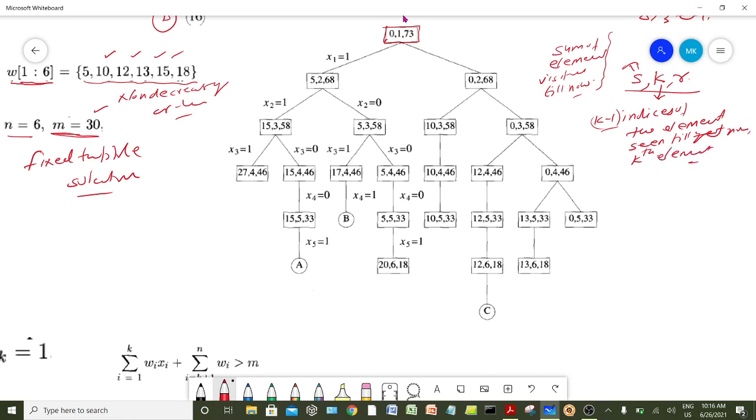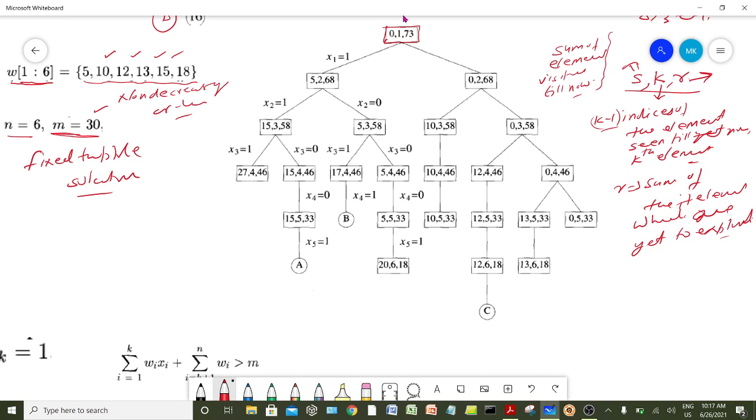Fine. Now this R is the sum of the items, or sum of the elements, which are yet to be explored. So these are the 3 arguments.